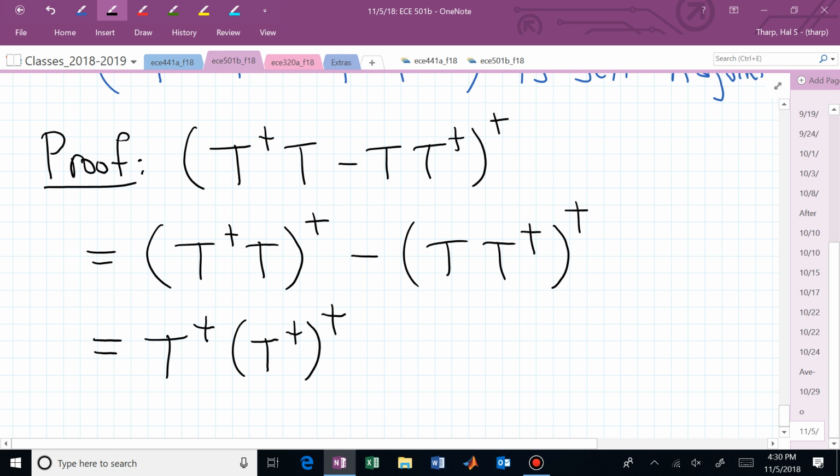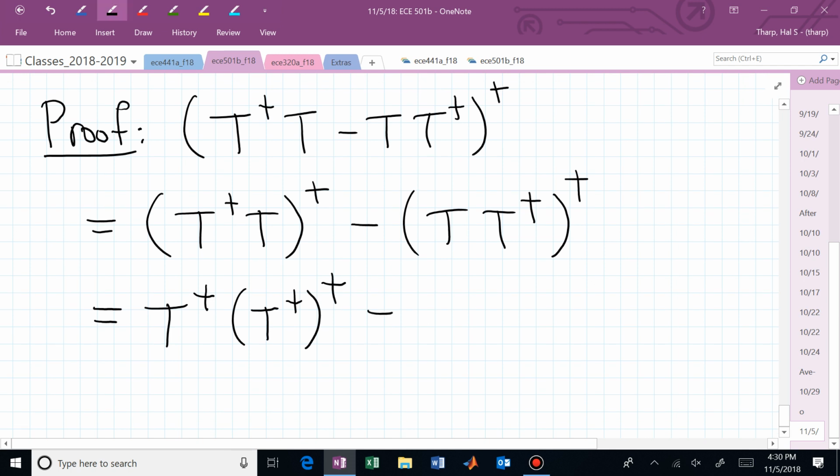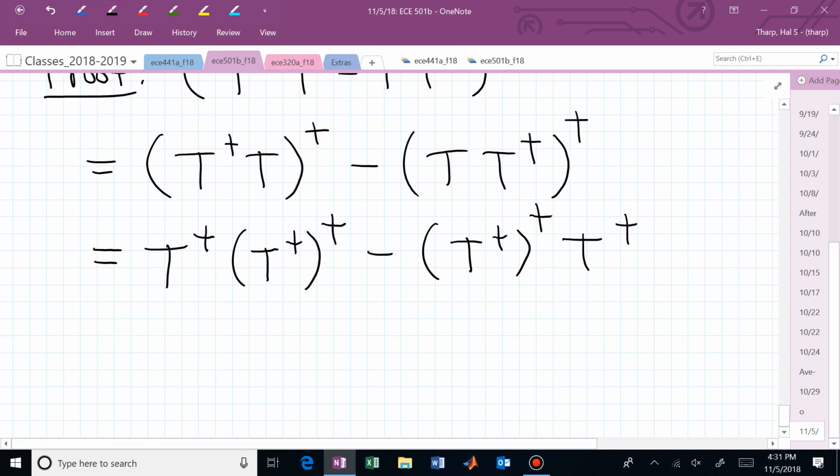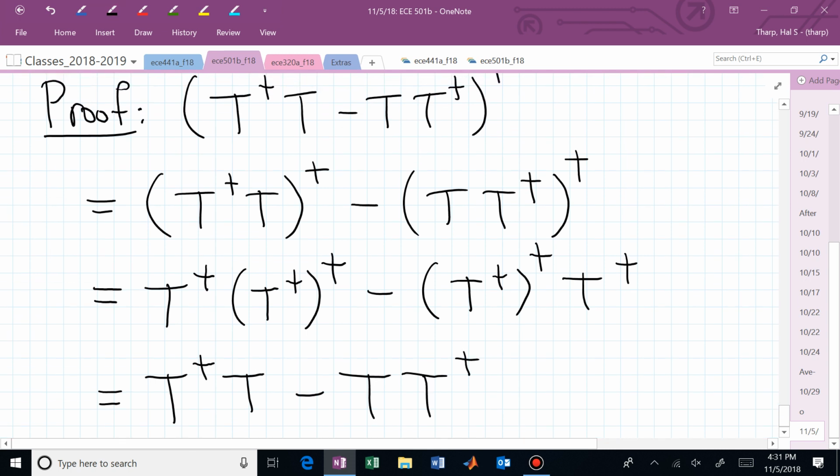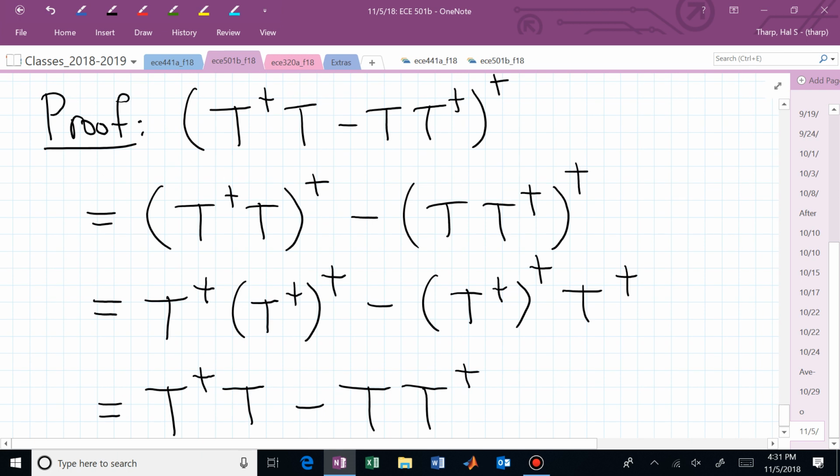Okay? And what do we have for the other one? Now we have T dagger dagger times T dagger. And those adjoints of adjoints are T's, so now we have T dagger T minus T dagger, and I sure hope that's what we started with, and it is.